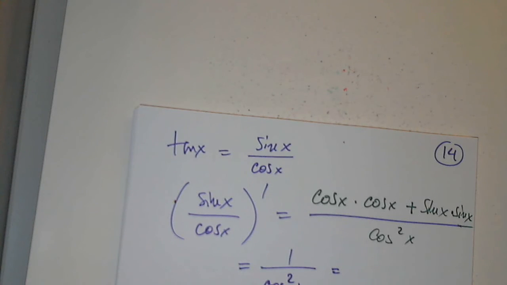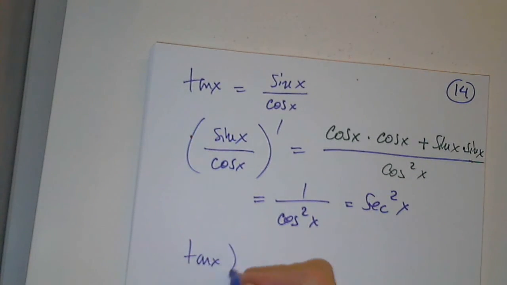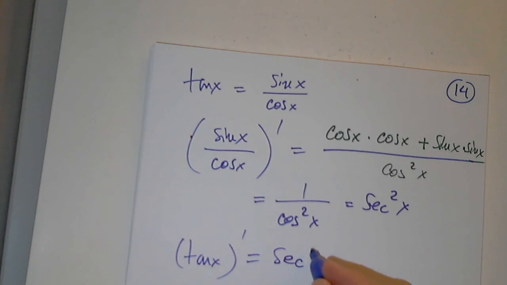And we also know that 1 over cosine is what trig function? If the denominator has c in it, the function starts with s. If the denominator has s, the function starts with c. Excellent, yes. Secant squared x. So moving forward, we add this to our list.